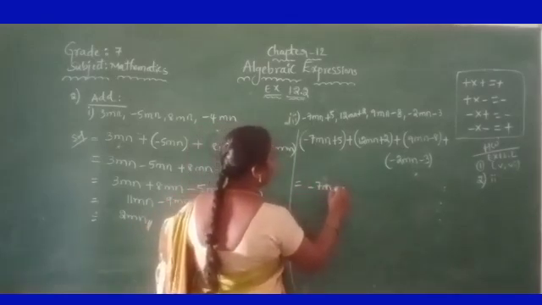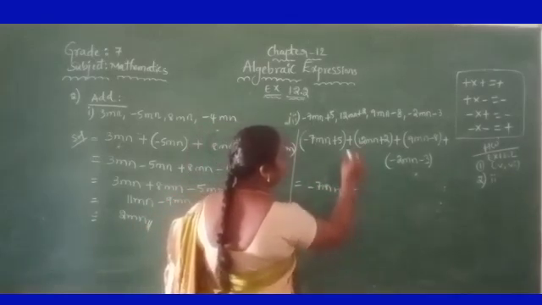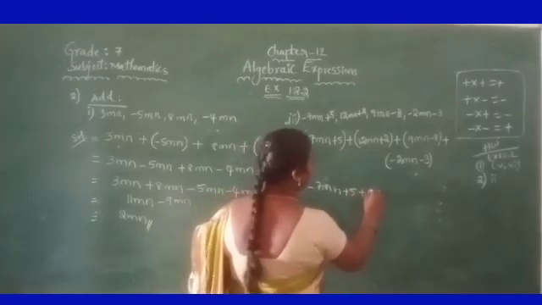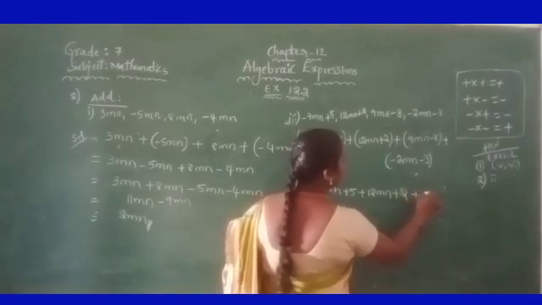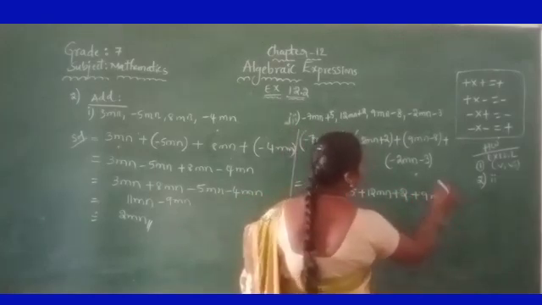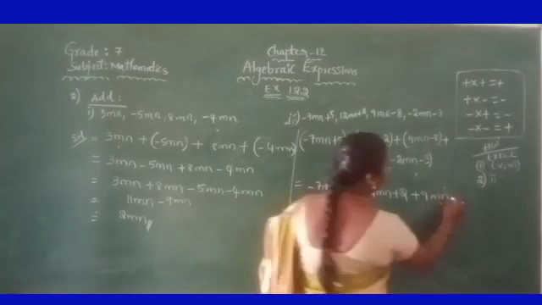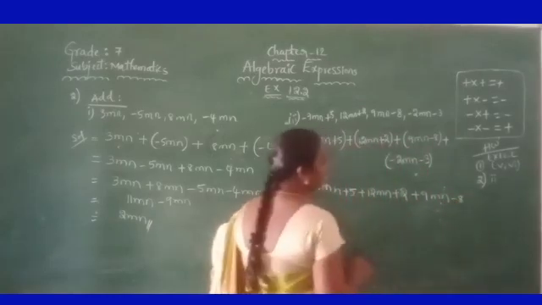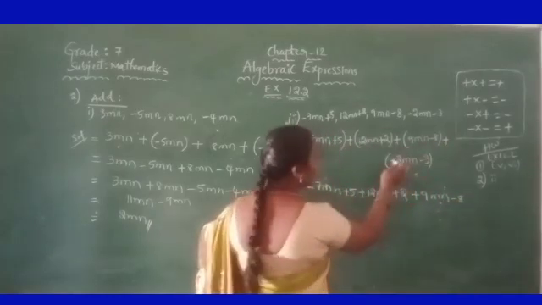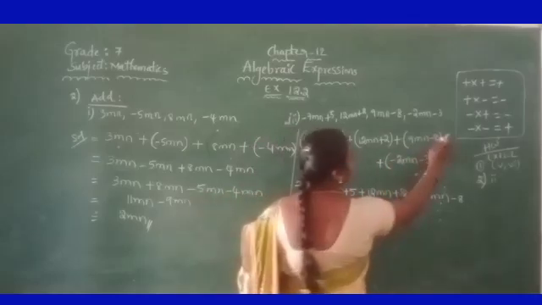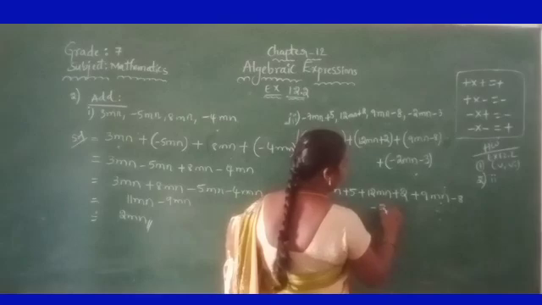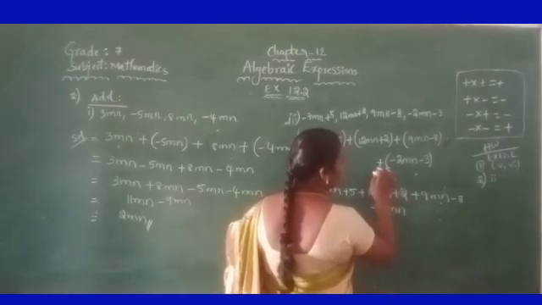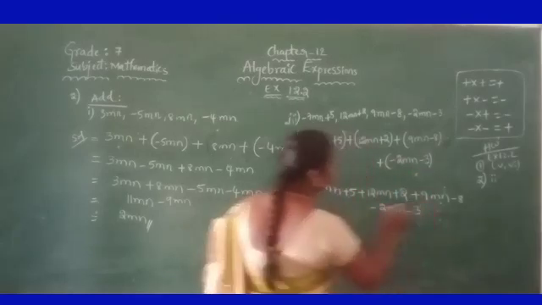Minus 7mn plus 5, plus into plus 12mn, plus into plus 2, plus 9mn, plus into minus 8. Okay. Then plus into minus, minus 2mn, plus into minus 3.